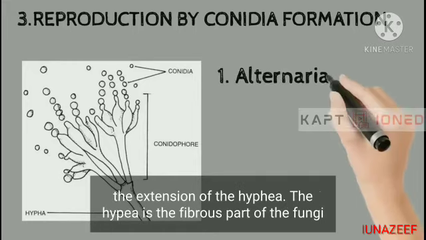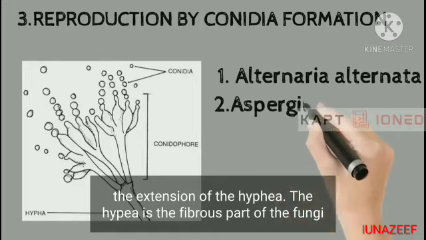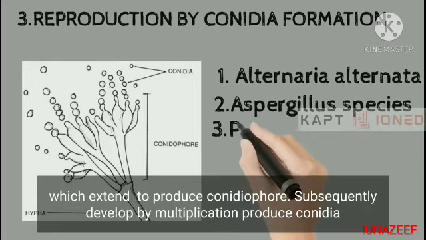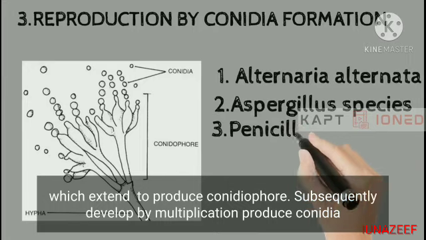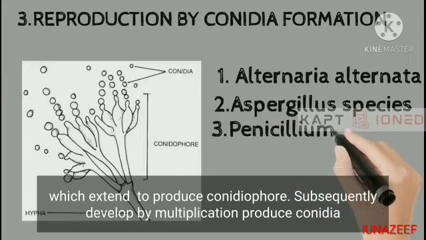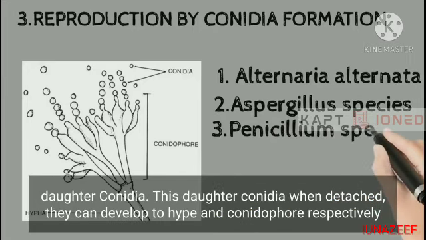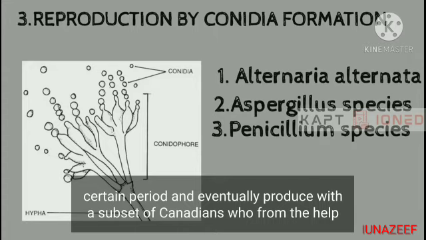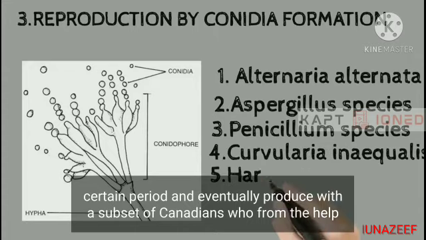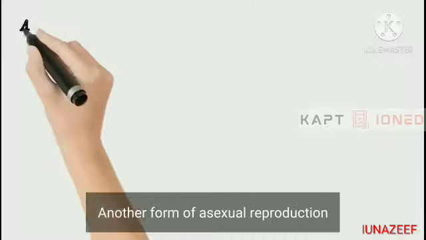The hyphae is the fibrous part of the fungi which extends to produce conidial spore, and by division they produce daughter conidia. These daughter conidia, when detached, can mature within a certain period and eventually produce another set of conidial spores from the hyphae.